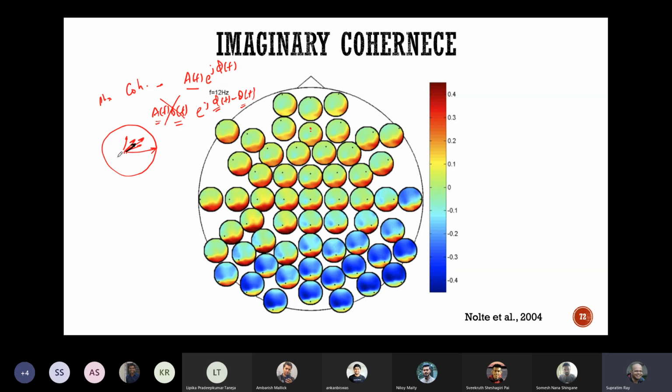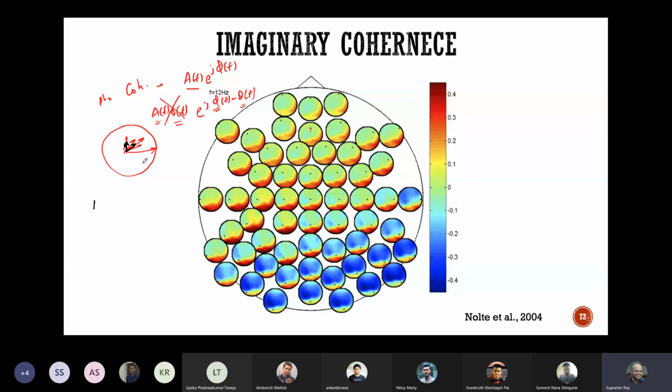When the vectors are all over the place, this has very small magnitude, otherwise it has large magnitude. So this is coherency, and the phase coherence is just the modulus of this vector, the size of this vector. Imaginary coherence is just the imaginary component of this vector. That's the only difference.